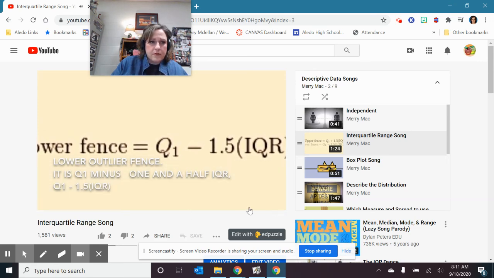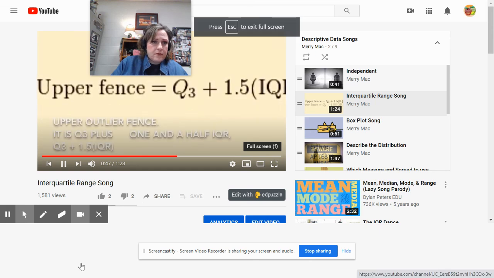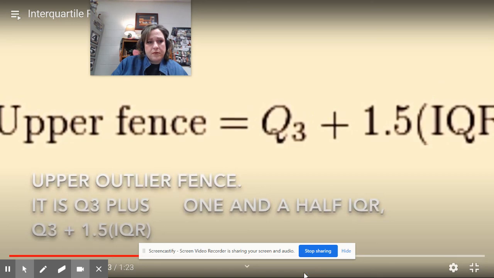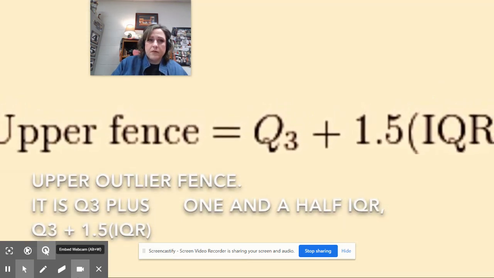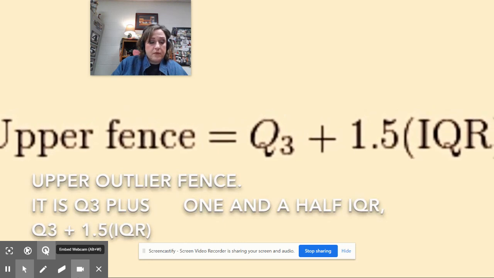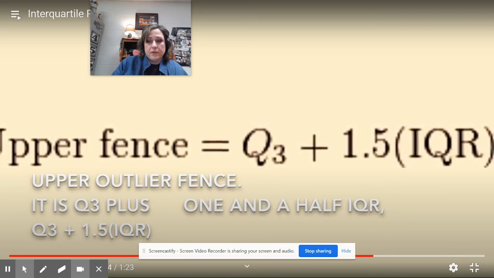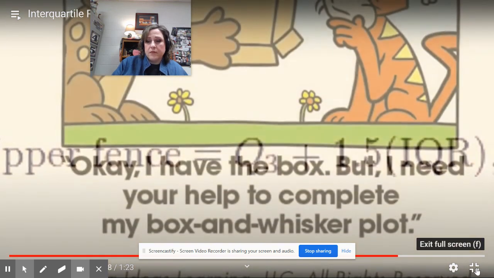Q1 minus 1.5 IQRs. Upper outlier fence, it is Q3 plus 1.5 IQRs. Q3 plus 1.5 IQRs.